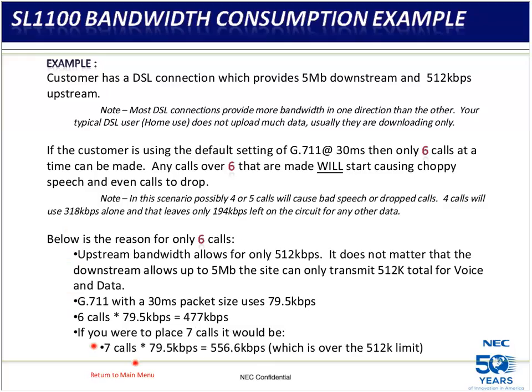Anything above 6, you go above the threshold and you start getting kludgy performance. Now note, this is a best case scenario. We're not taking into consideration any data that's being downloaded or any activity on the data network. So in reality, this 6 calls may really be 4 or 5 calls.